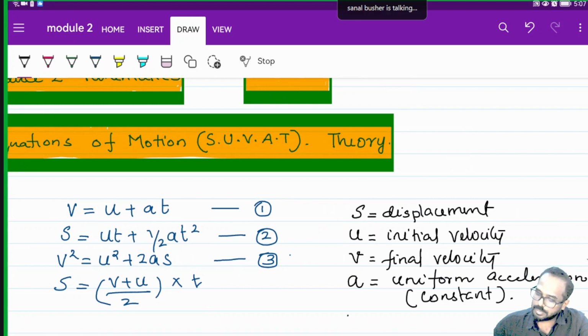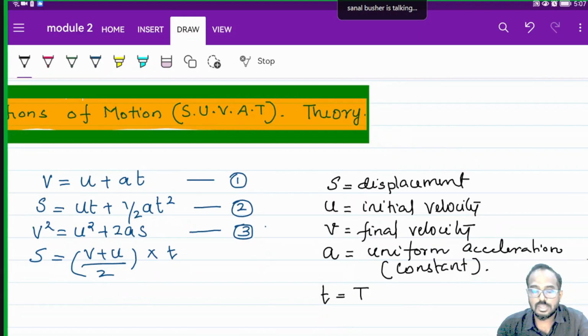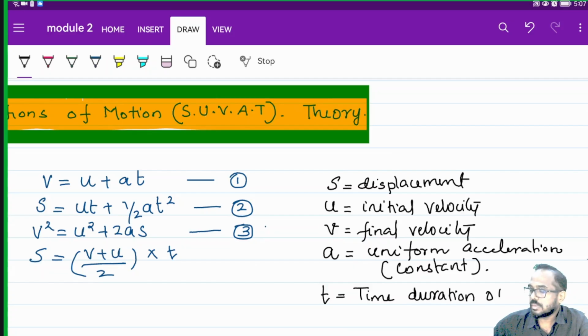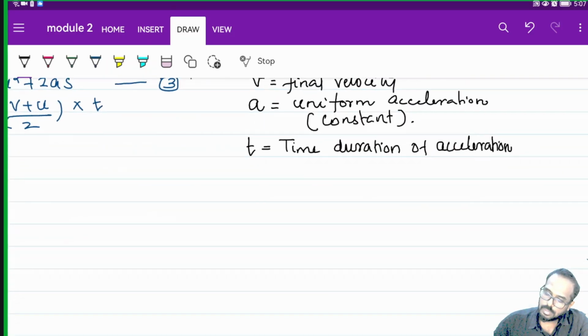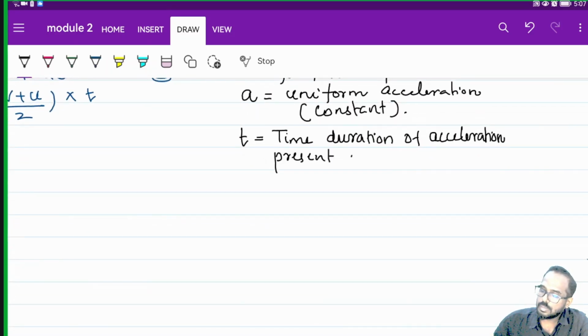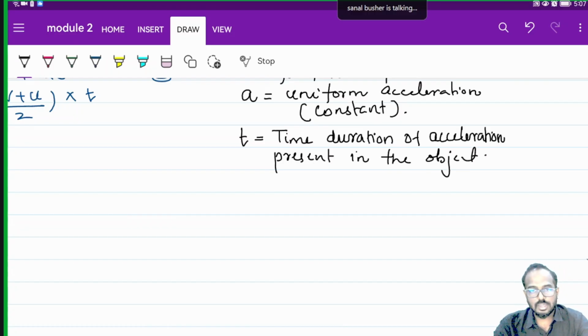Then time. You need to remember that time is the duration of acceleration present in the object. Why?